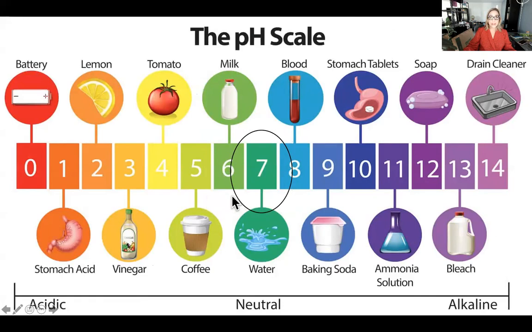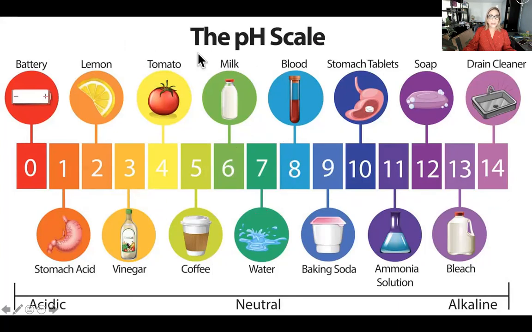Now, as the numbers on the scale decrease, goes all the way to 0, you have acidic solutions, a higher concentration of hydrogen ions than pure water. And as the pH scale goes up, 8 all the way to 14, you have basic solutions. Those have fewer hydrogen ions than pure water.